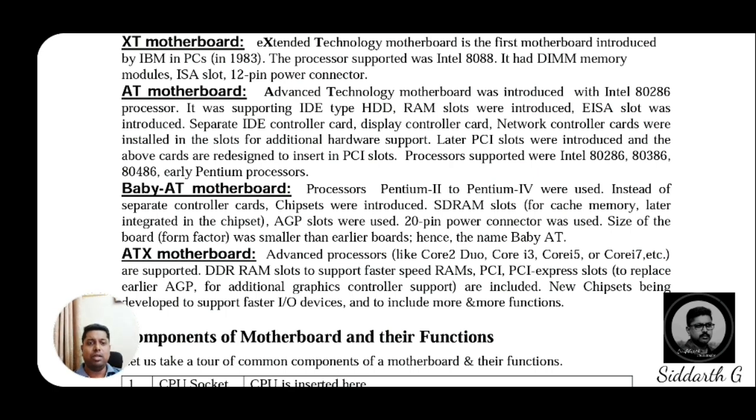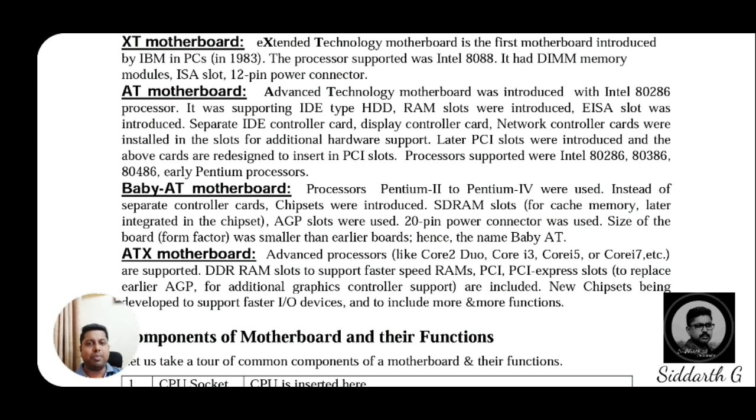To support the faster speed of the RAMs, PCI Express slots, earlier AGP, for additional graphics controllers are also included, because ATX motherboards are the fastest compared to the previous versions. That's why we use these kinds of devices in ATX motherboards.